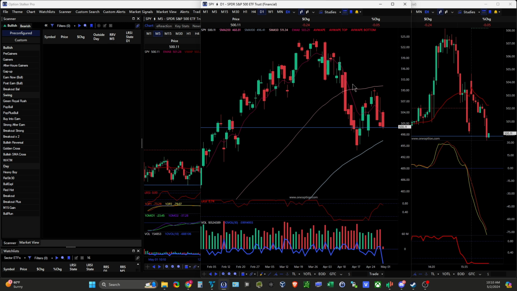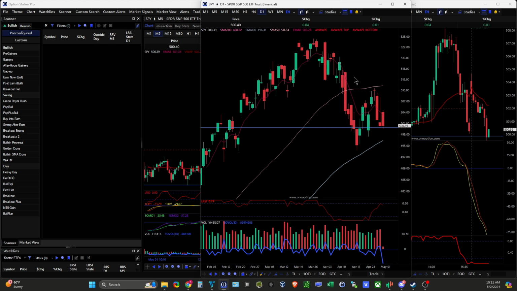Like if I saw, let's say, try to imagine this, after this red candle here, there was a bullish close right here. If it closed just shy of this candle, I would not be going long.